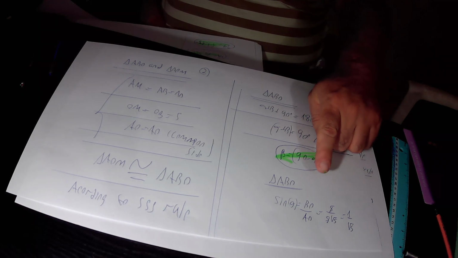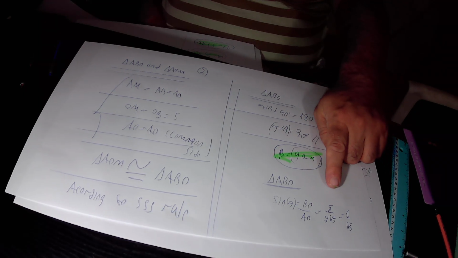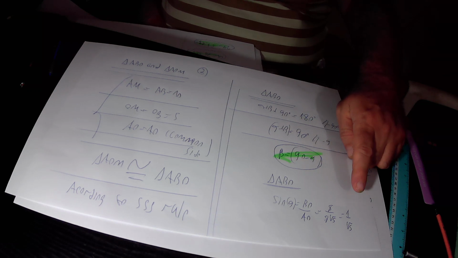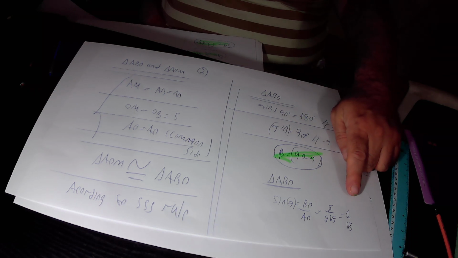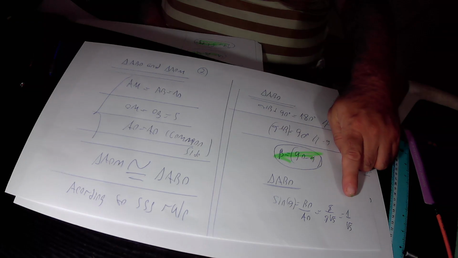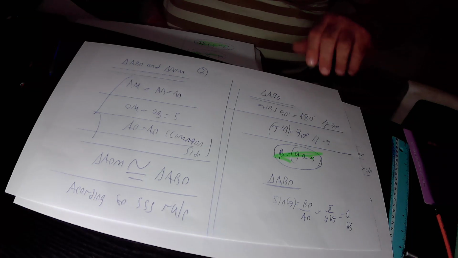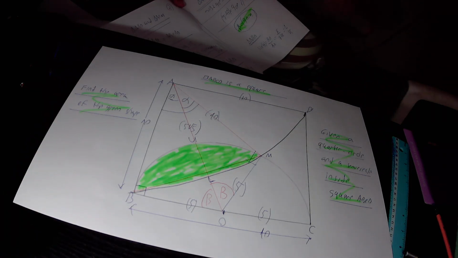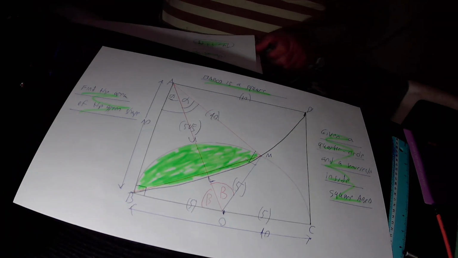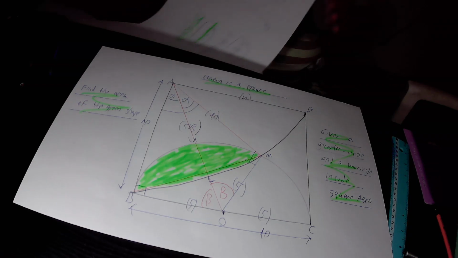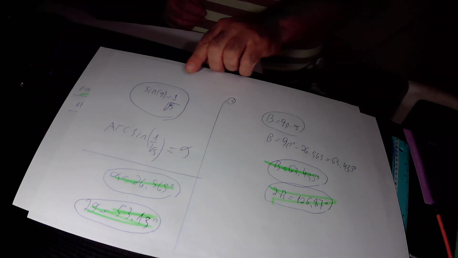BO is 5, and AO is 5 times root of 5. We have 5 in the numerator and 5 in the denominator, so the 5 will get cancelled. After we cancel 5, we are left with only 1 over square root of 5. So in total, we found that sine alpha equals 1 over square root of 5.